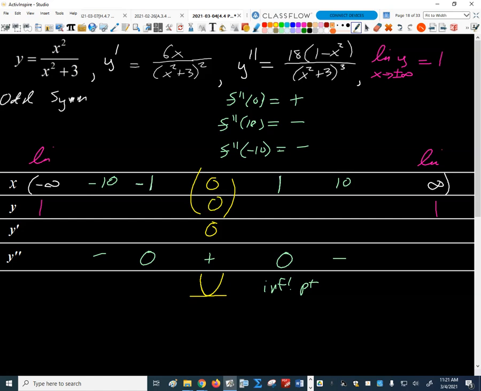I'm going to get 0 divided by 3, which is 0. What if I plug in 1? What do I get? 1/4. So what do I have to get when I plug negative 1 in? Don't even bother plugging it in. We have odd symmetry. So what's it have to be?